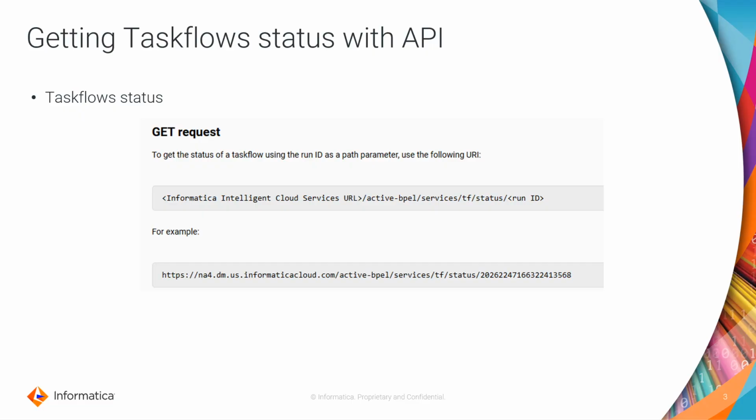We have parameters if you want to specify, give me only the task flows that finished successfully, or the ones that failed. So you can apply all those filters. You can also filter by start time and end time of your task flow. Maybe you want to see only 2-3 task flows. Maybe you want to see 30. The maximum number that we can display is 50 in the response.